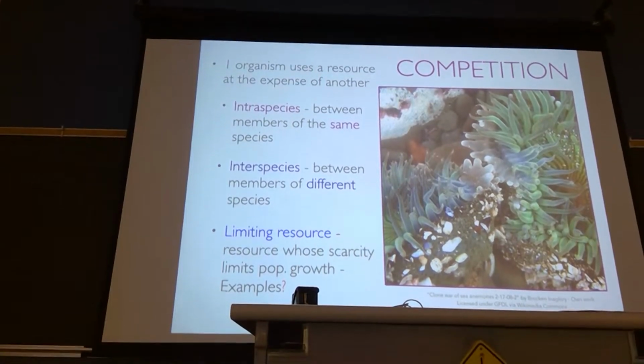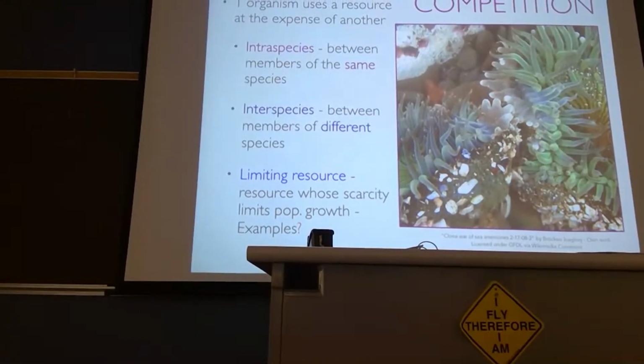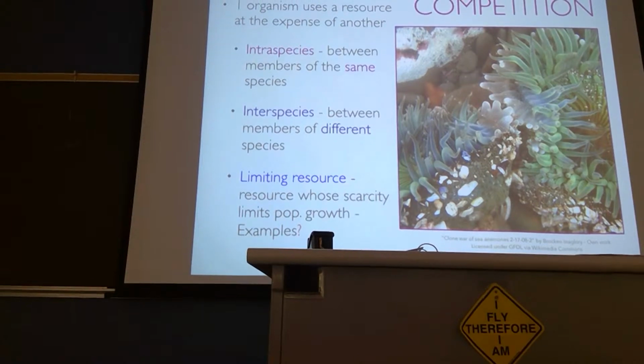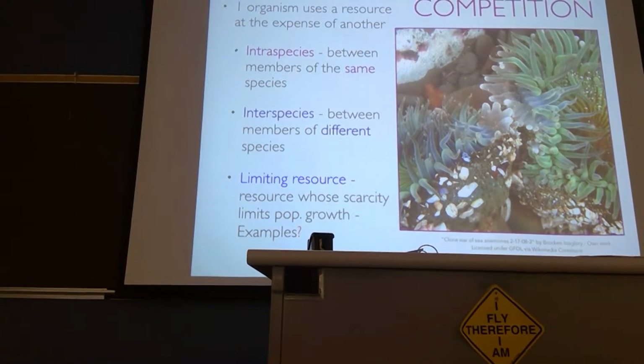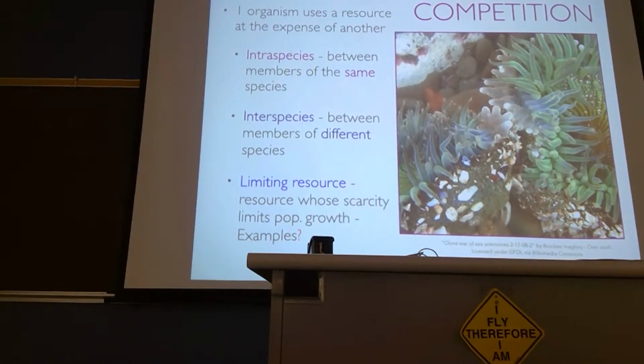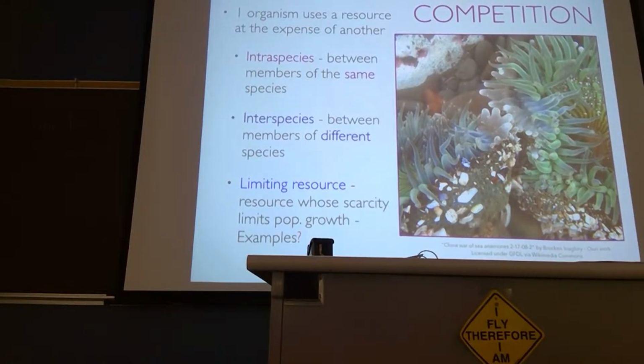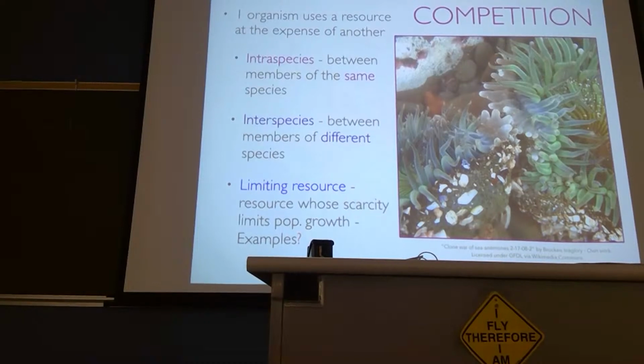For any given species, we can look at particular competitive interactions, but they're competing at all of these different levels all the time. Again, we can define a best strategy, and then we wonder why all species don't show that same best strategy. Well, there are trade-offs, okay? Just like there are trade-offs in life history strategies, there are trade-offs in competition.